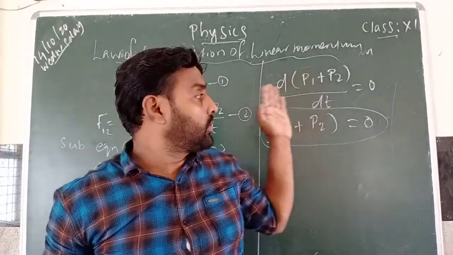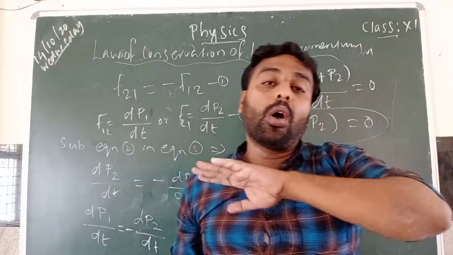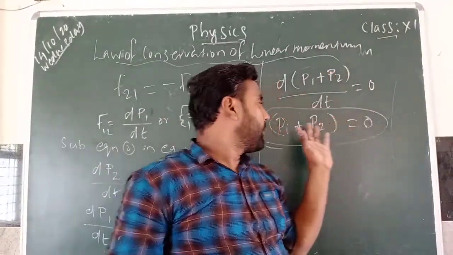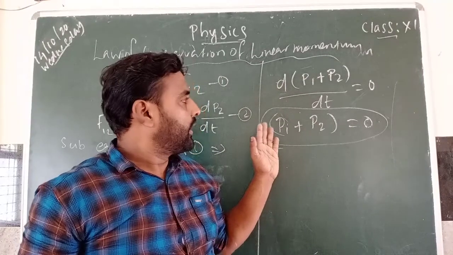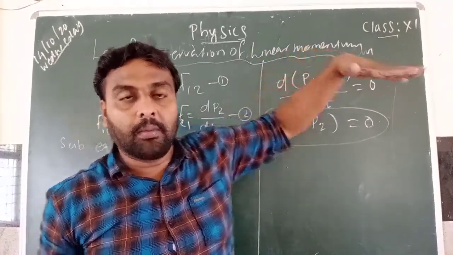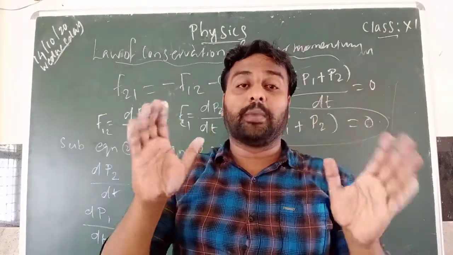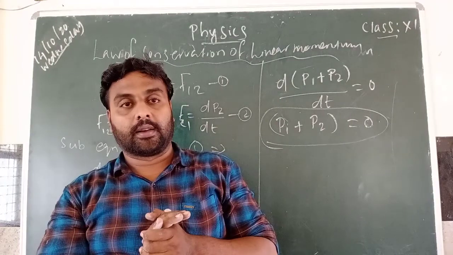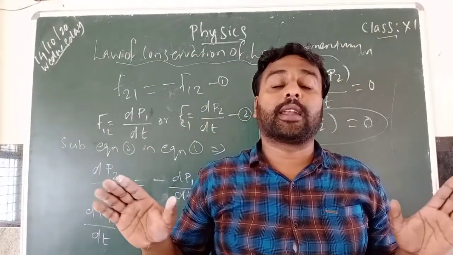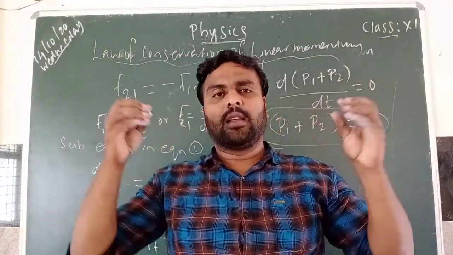Now based on this there is a law. If there are no external forces acting on the system, then what will happen? Then the linear momentum always becomes a constant vector. The linear momentum becomes a constant vector if there is no external force acting on the system. Assume that P1 and P2 are there.